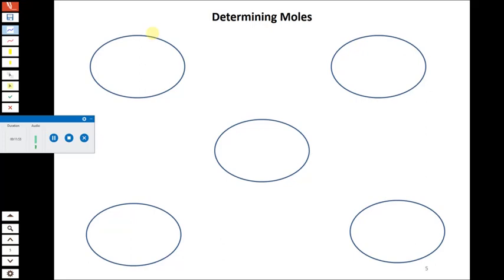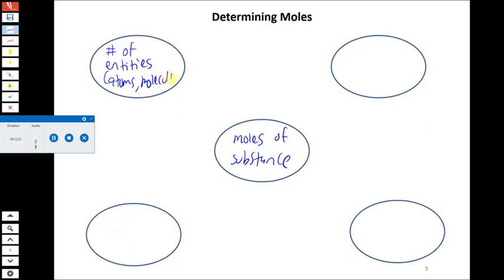Moles of substance is the key quantity in chemistry that we use, and we now have a lot of different ways of relating that. The definition of a mole, as we first introduced, is that it's Avogadro's number of entities or particles, however you want to think about that. If we want to think about the number of entities in one mole, which would be atoms or molecules, we use Avogadro's number.